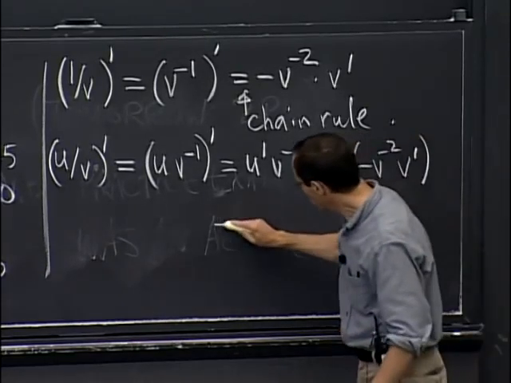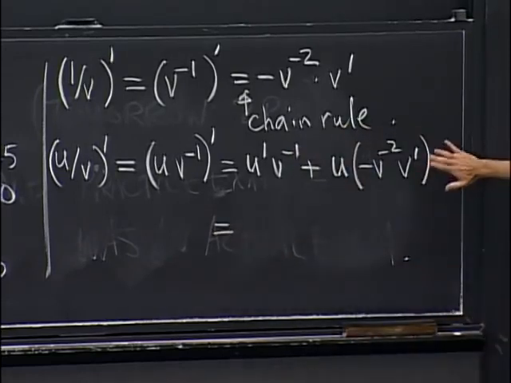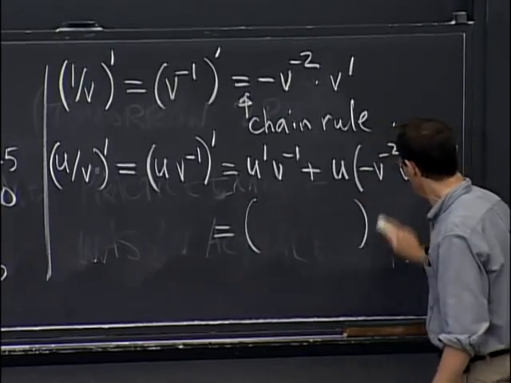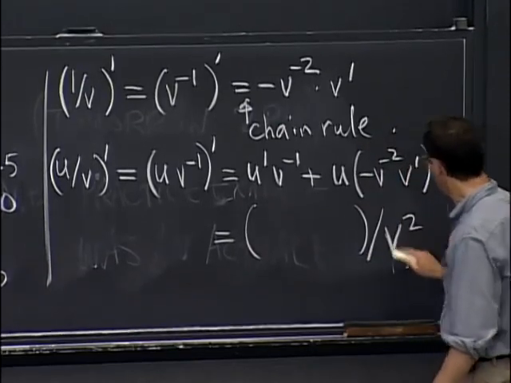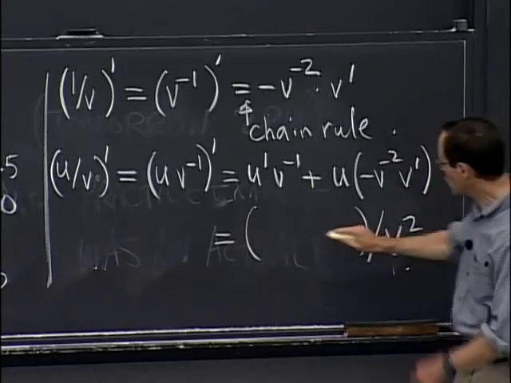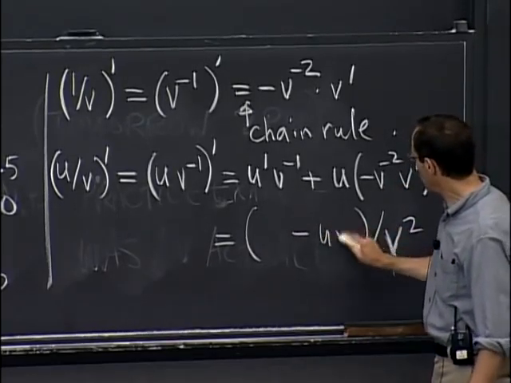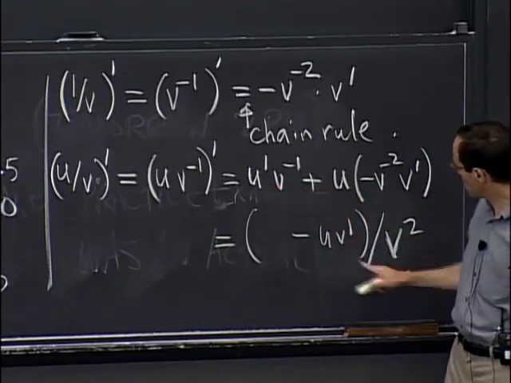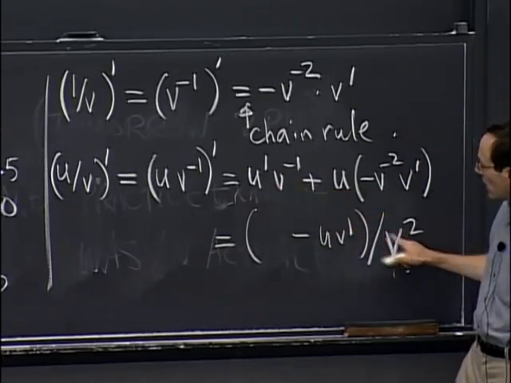The other way that we did it was by putting this over a common denominator. The common denominator was v squared. All right, this comes from this v to the minus 2. And then the second term is minus u v prime. And the first term, we have to multiply by an extra factor of v because we have a v squared in the denominator.